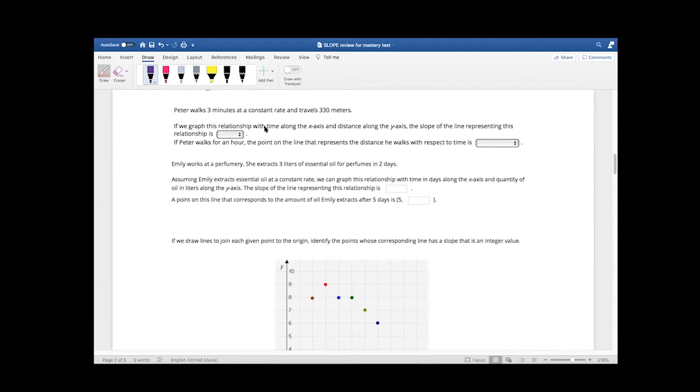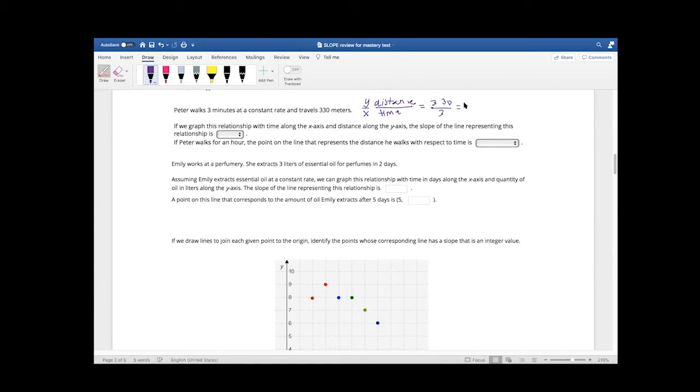If we graph this relationship with time along the x-axis and the distance along the y, the slope of the line representing this relationship is, well, I can take my y over x, which would be my distance over time, and we said he goes 330 meters in 3 minutes.